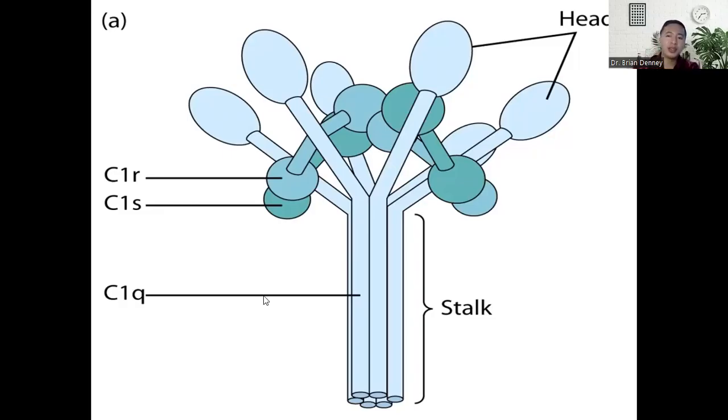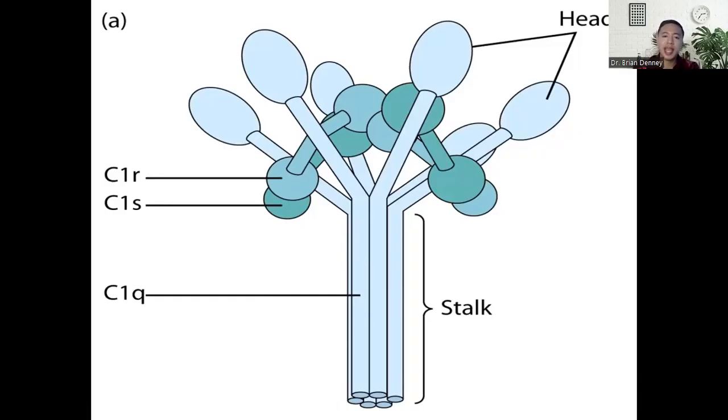So I want to direct your attention to the bottom arrow here, labeled C1Q, and we call it actually the stalk. The C1Q stalk is actually a collagen, looks like a collagen tail.